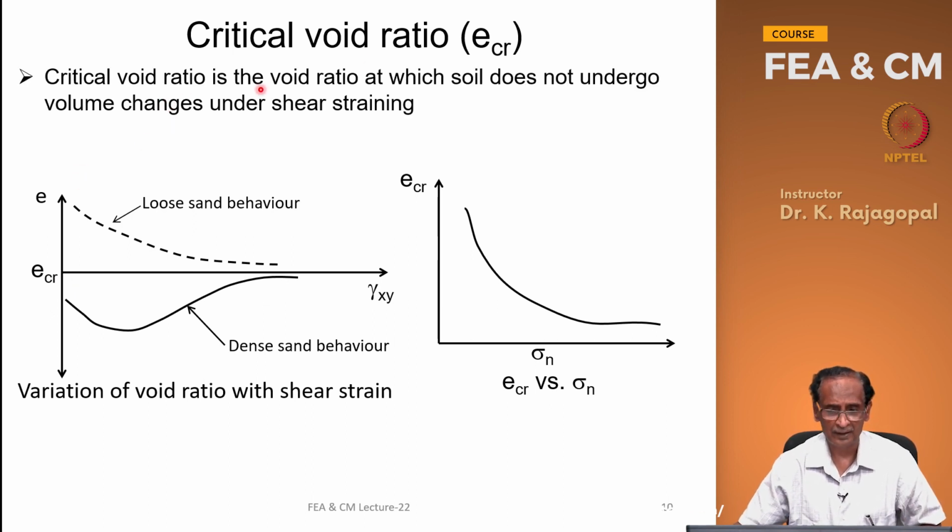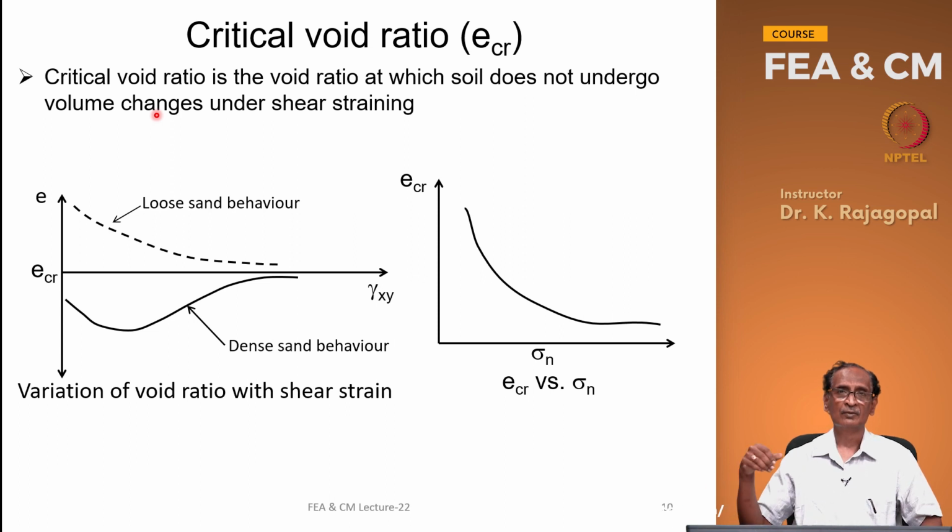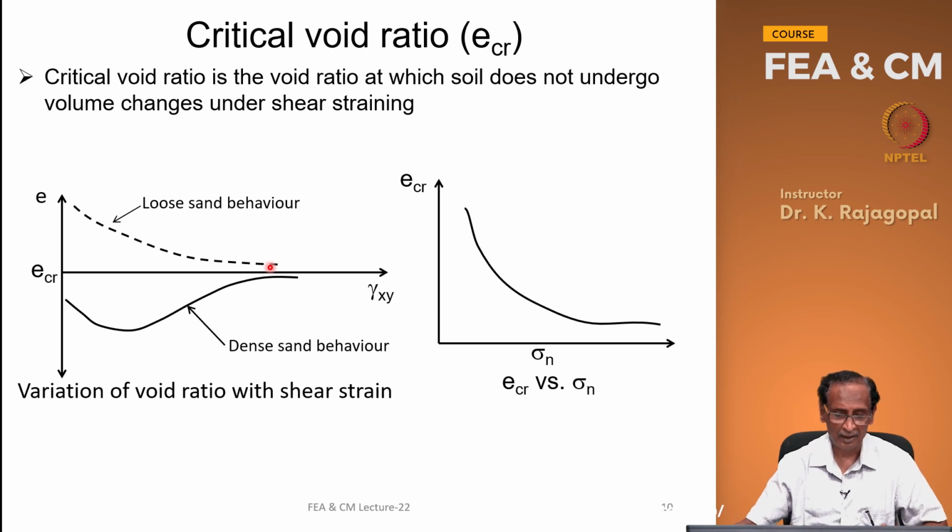So, the critical void ratio is the void ratio at which the soil does not undergo any volume changes under shear straining. So, if it is a loose sand it will compress, and if it is a dense sand it will expand in volume, and at a very large shear strain the soil will reach a critical state when it will undergo shear strains without any corresponding volume changes, and that void ratio is called ECR or critical void ratio.